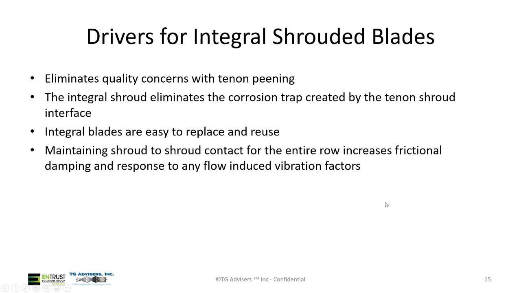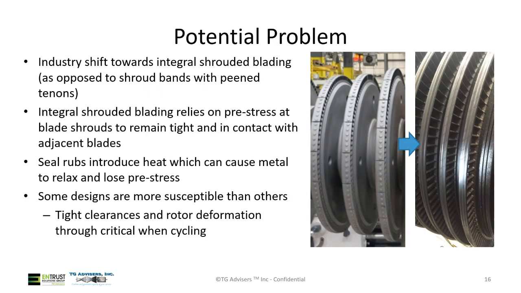And then you have to maintain shroud-to-shroud contact for this type of design with the integral shrouds. So it does increase frictional damping and response to flow-induced vibration. So that's another positive for the integral shrouds. Now there is a potential problem that we've seen a bit of, and one that I want to draw your attention to for consideration during design reviews when converting to integral shrouds.